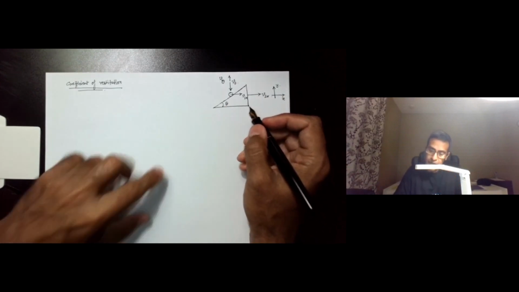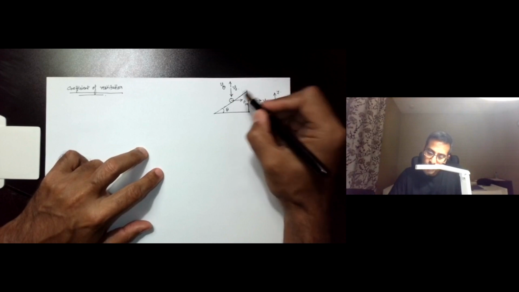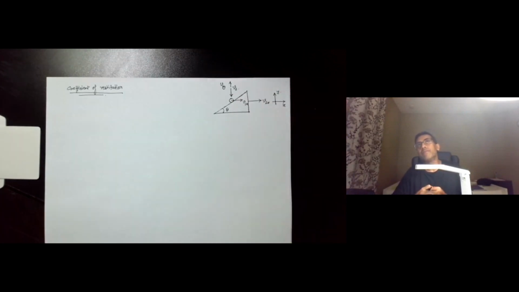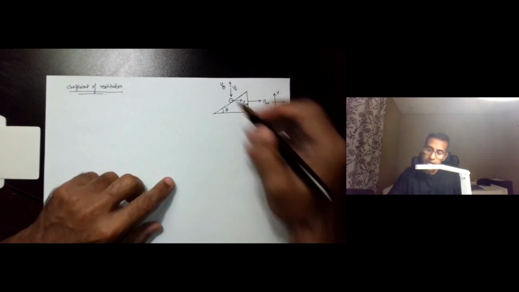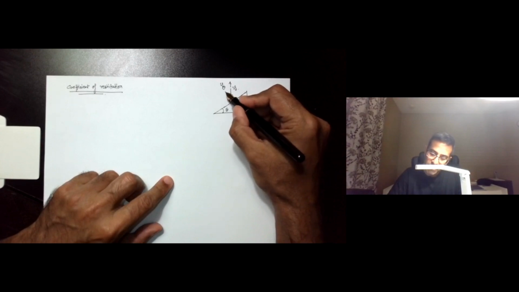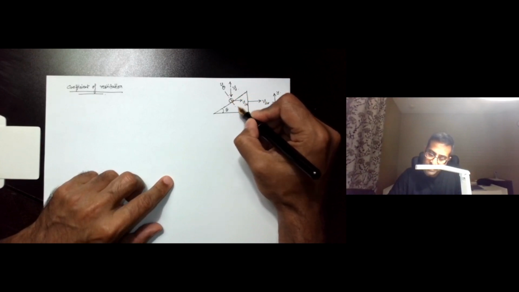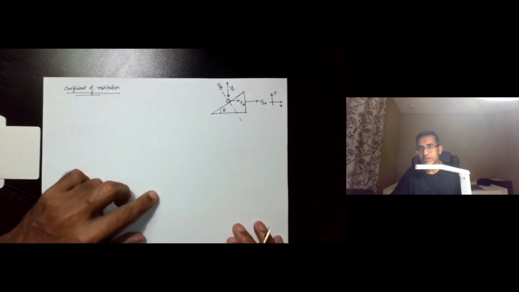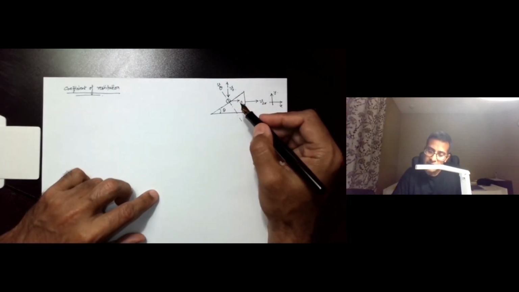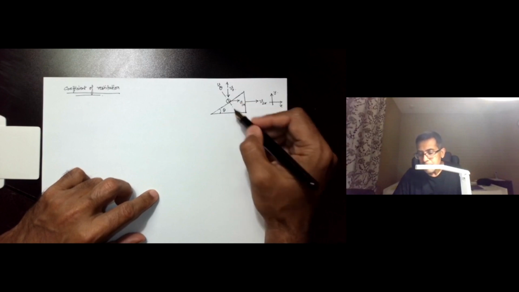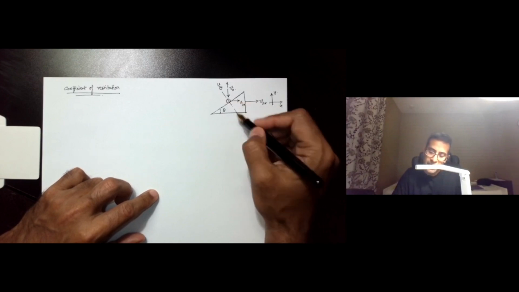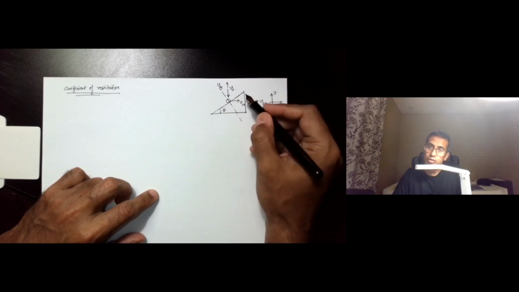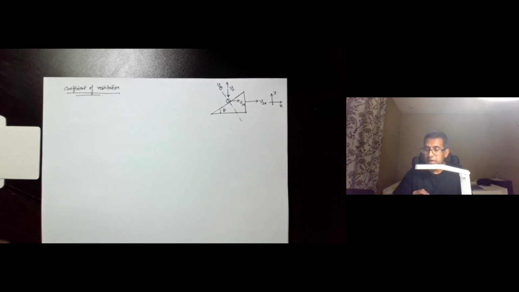So here we have to keep in mind that in order to formulate the coefficient of restitution correctly, you have to write it about the line of impact. So in this case, this is the line of impact. As you can see, this is an oblique collision. The line of impact is the line that is perpendicular to the surface or the plane of contact.